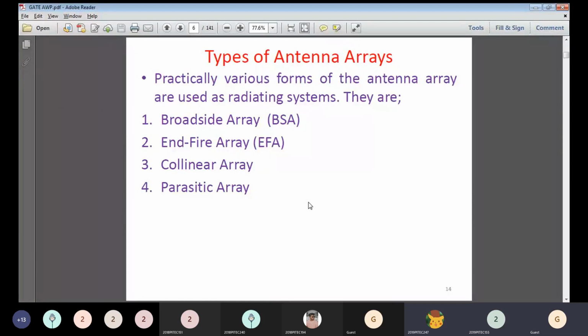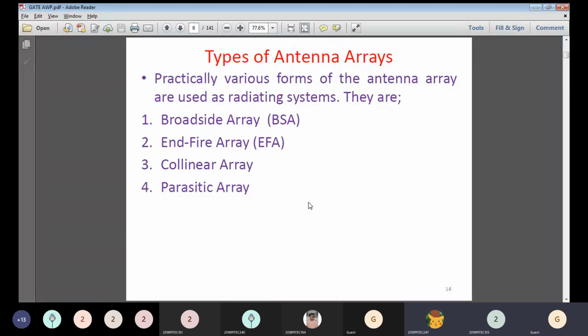Next, based on current excitation, the antenna array is classified into two types: broadside and end fire. Third, based on elements, we have two types: parasitic and non-parasitic elements. Fourth, based on amplitude distribution, we have four types: uniform, binomial, edge, and optimum.